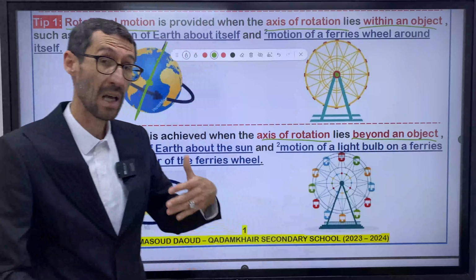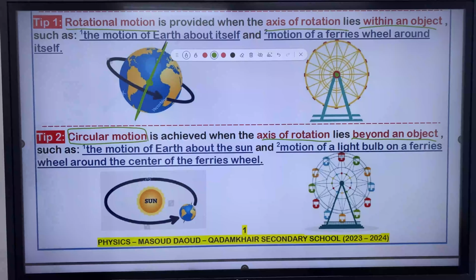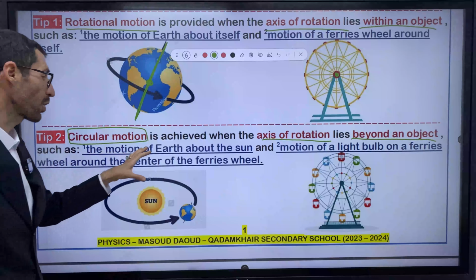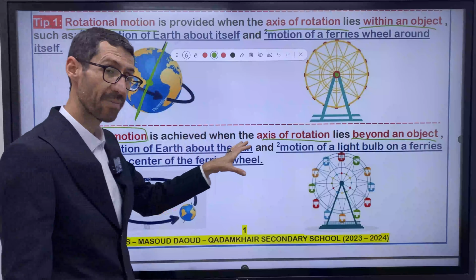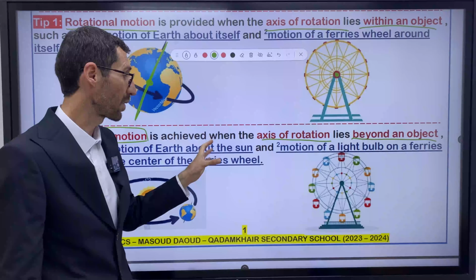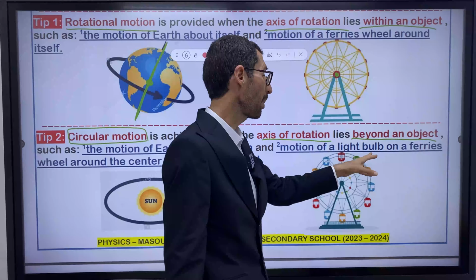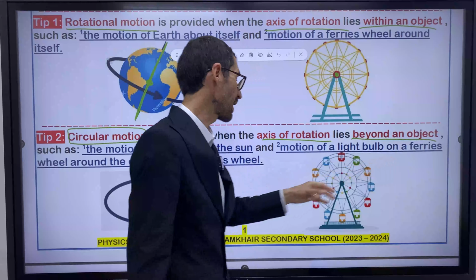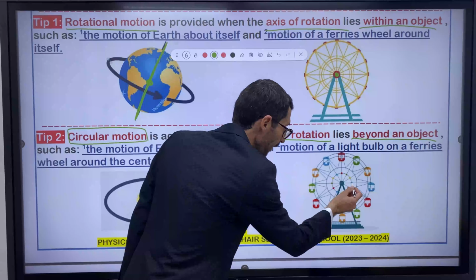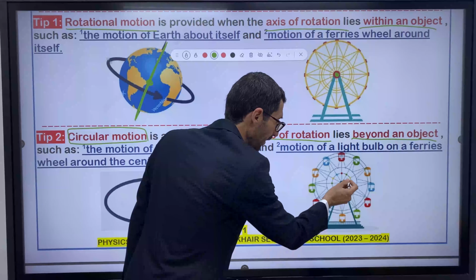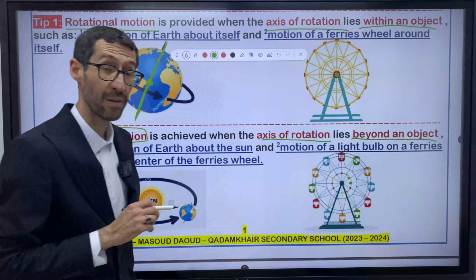It's located outside of the object, such as the motion of Earth about the sun, and motion of a light bulb on a Ferris wheel, like this one, for example this light bulb here or here, any point on the Ferris wheel.